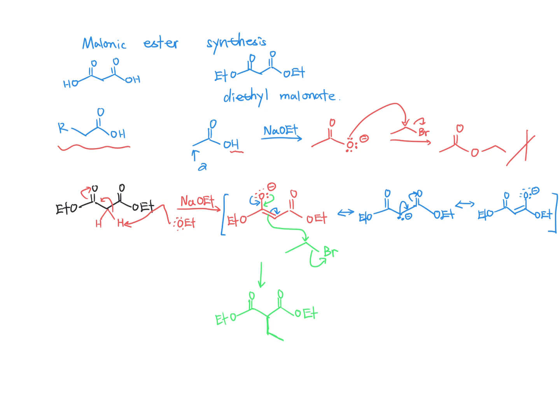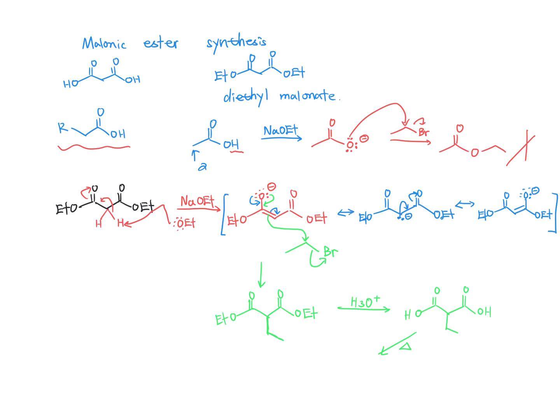So for this diester, we are going to kick off that ester group by using hydrolysis, and both sides become a dicarboxylic acid. For this dicarboxylic acid, we have two carboxylic acid groups close by, and we are going to perform another decarboxylation.